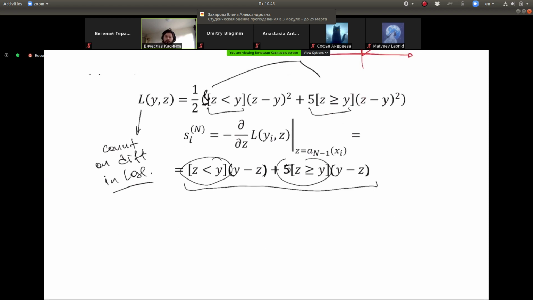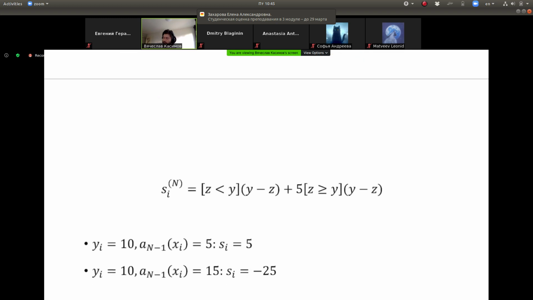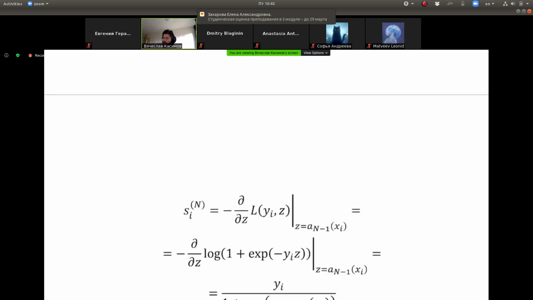But is it multiplied everywhere? No, only locally. So for every y_i with some concrete i, we know which one to use. So locally it's again the same scheme. Okay, let's skip it.